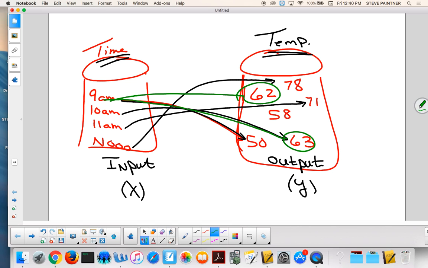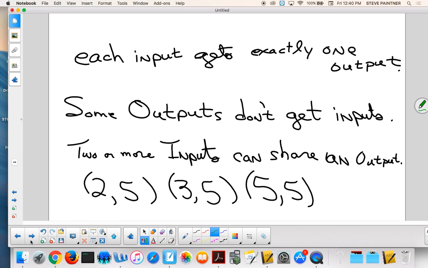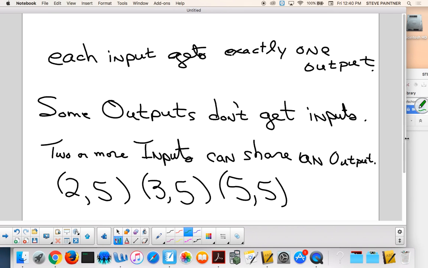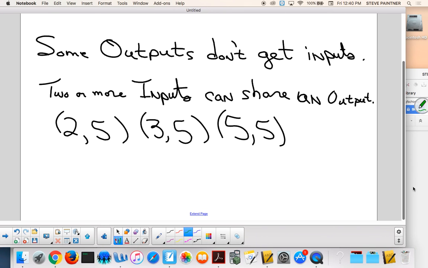They can't be 2 different, right, temperatures? So, what do you want to say on that one? One input can't correspond to multiple outputs. I don't want to spell that. Okay.